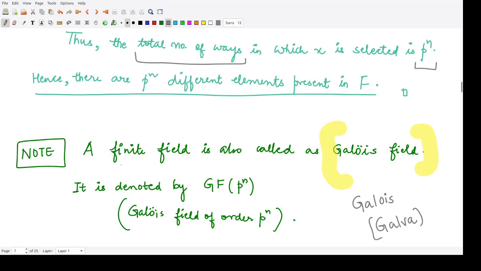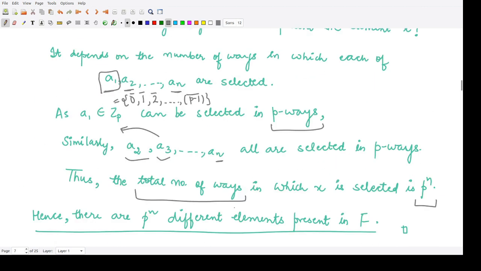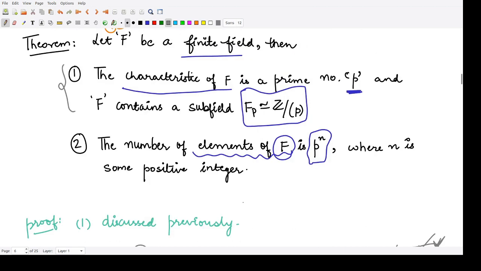So any finite field is also known as a Galois field, and it is denoted by GF(p to the power n). That means we can call this the Galois field having order p to the power n. Why order p to the power n? Because this is a finite field, and we just saw that any finite field would have order p to the power n, right?